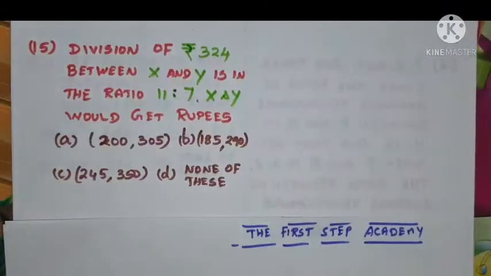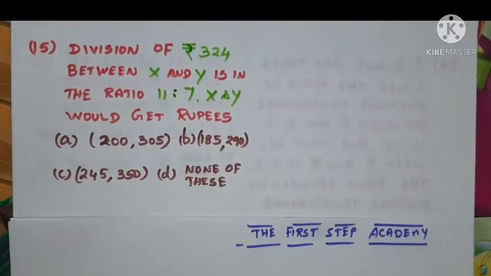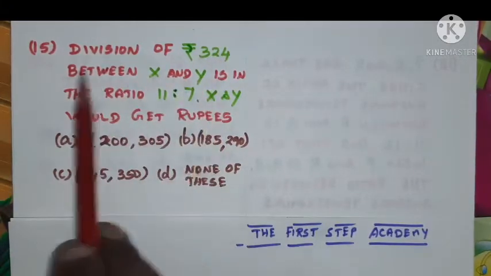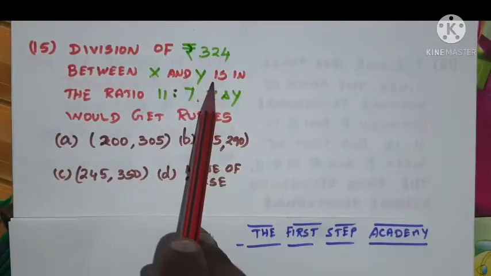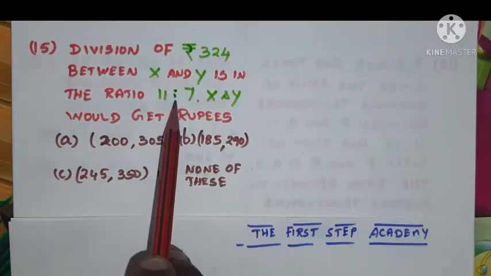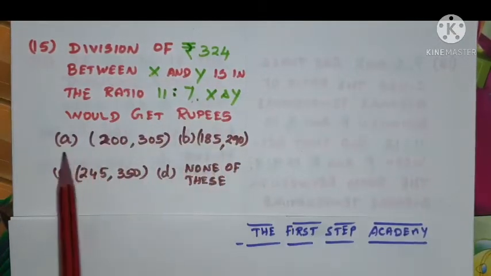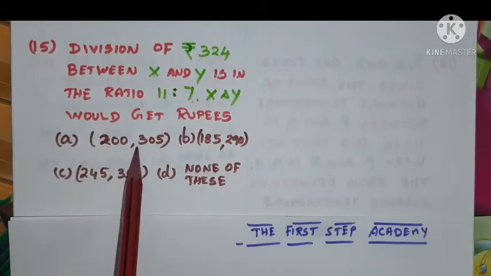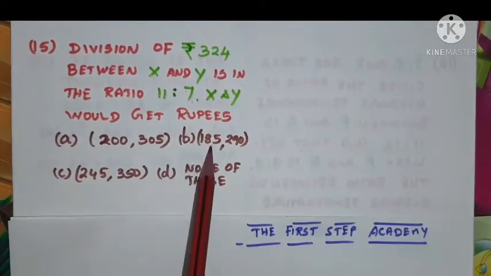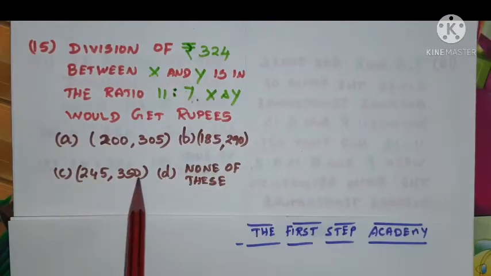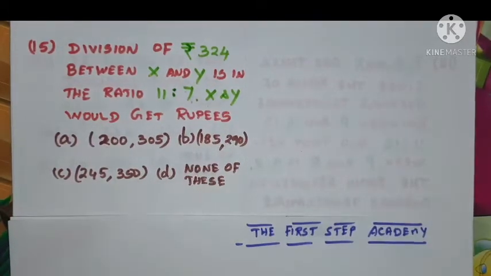Okay, the 15th question is: division of rupees 324 between x and y is in the ratio 11:7. X and y would get rupees, given options are option A 200, 305, option B 185 and 290, option C 245, 350 and option D none of these.